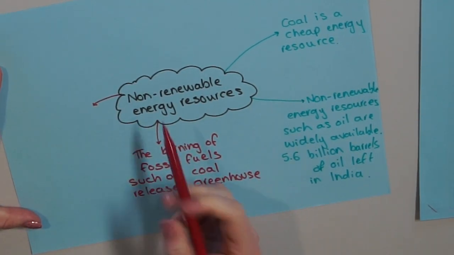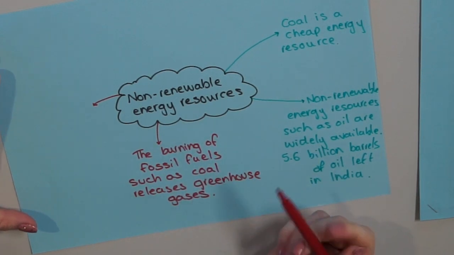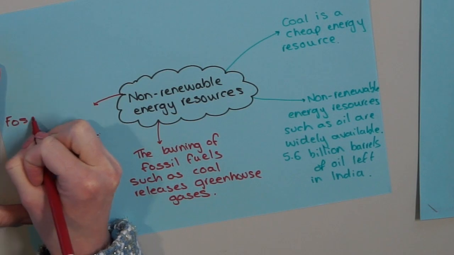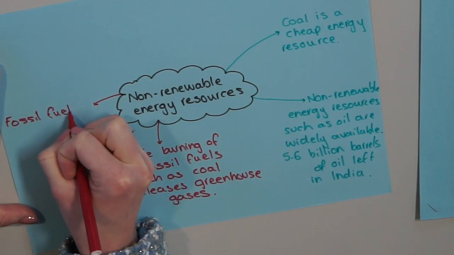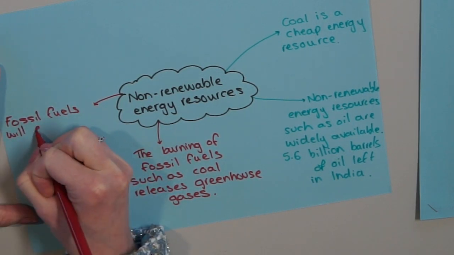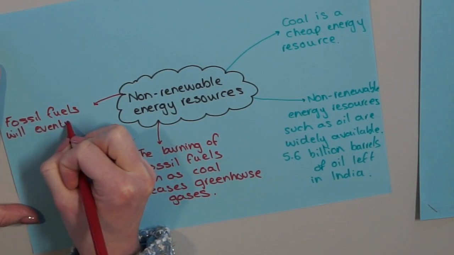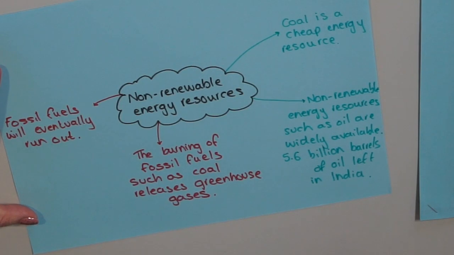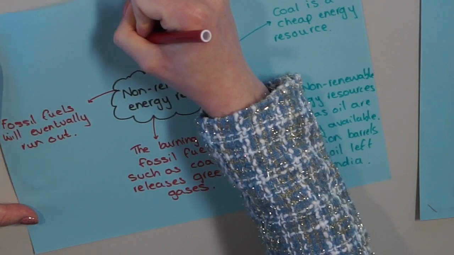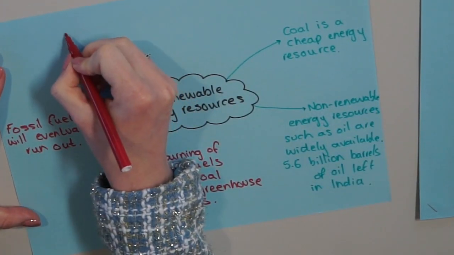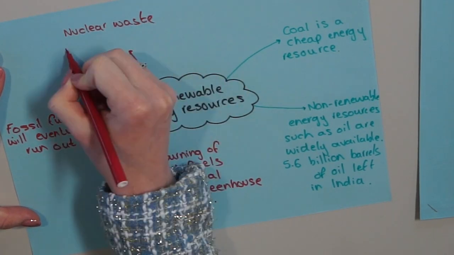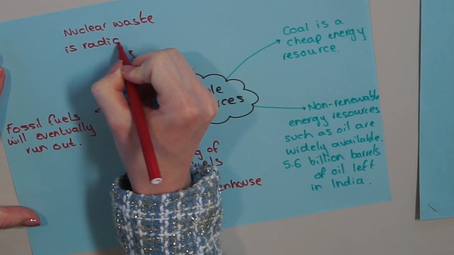Another negative is that they are non-renewable, so eventually they are going to run out. So fossil fuels will eventually run out. Nuclear power is also a non-renewable resource, so nuclear waste is radioactive.